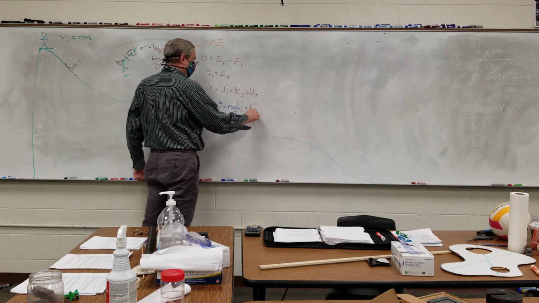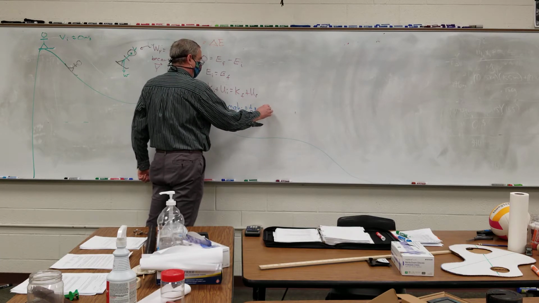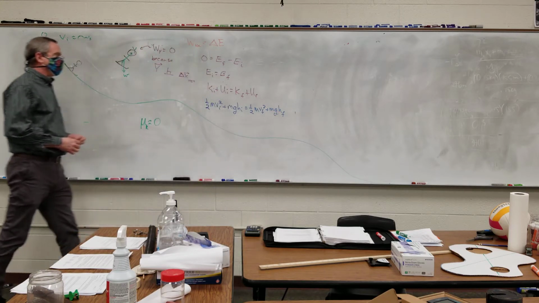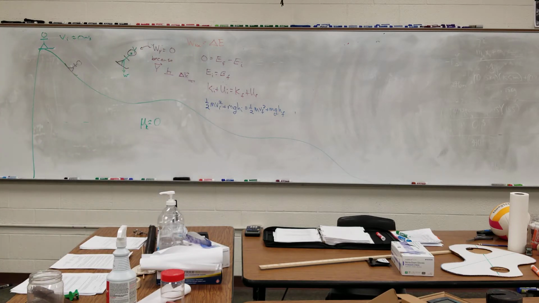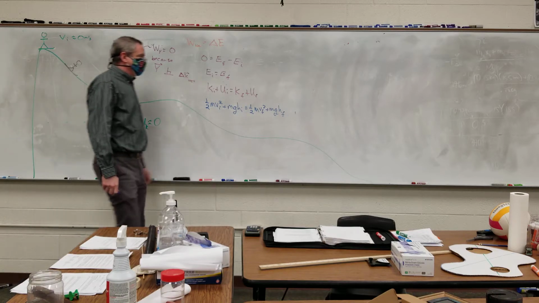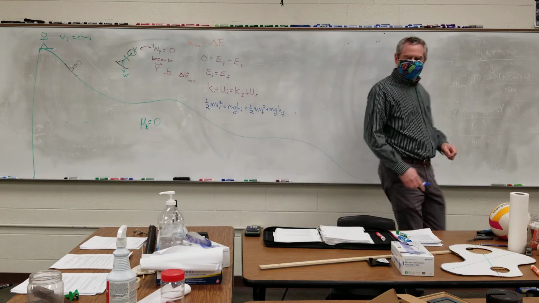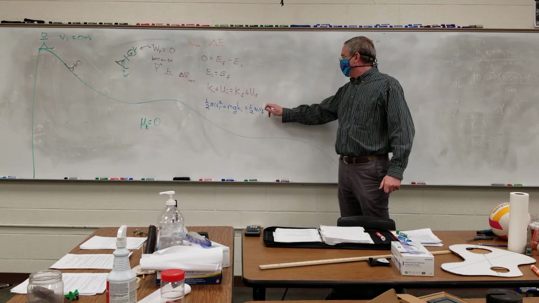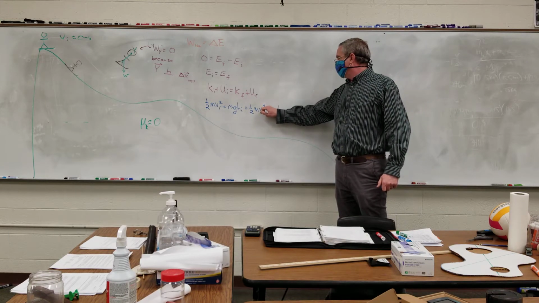It's equal to 1/2 m v final squared plus m g h final. This looks identical to where we were with that rock falling problem. And I'm just gonna write that 2 so it looks more like a 2.